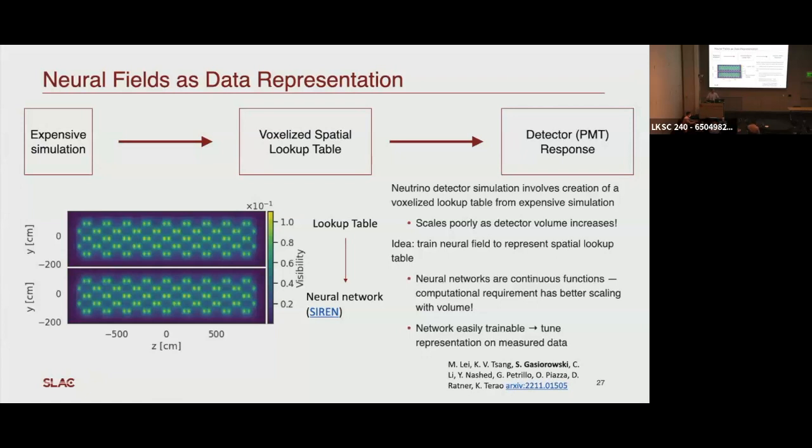But these are nice because they're continuous functions, so no explicit binning, which means that they scale very nicely with volume. And then the other nice thing is that lookup tables are not very easily trainable, but the neural network is, and so we can tune this representation on some measured data. So basically just getting the point that these neural fields are pretty nice for representing spatial signals in a lot of ways.